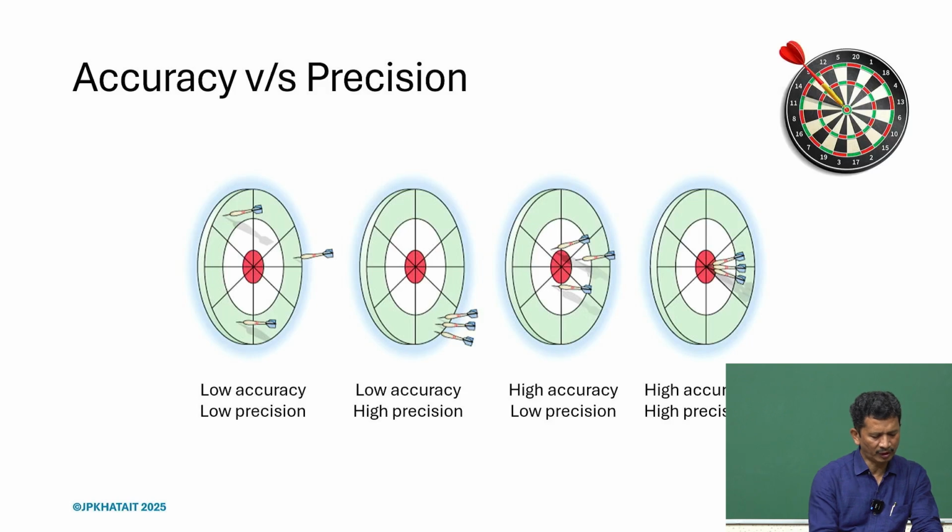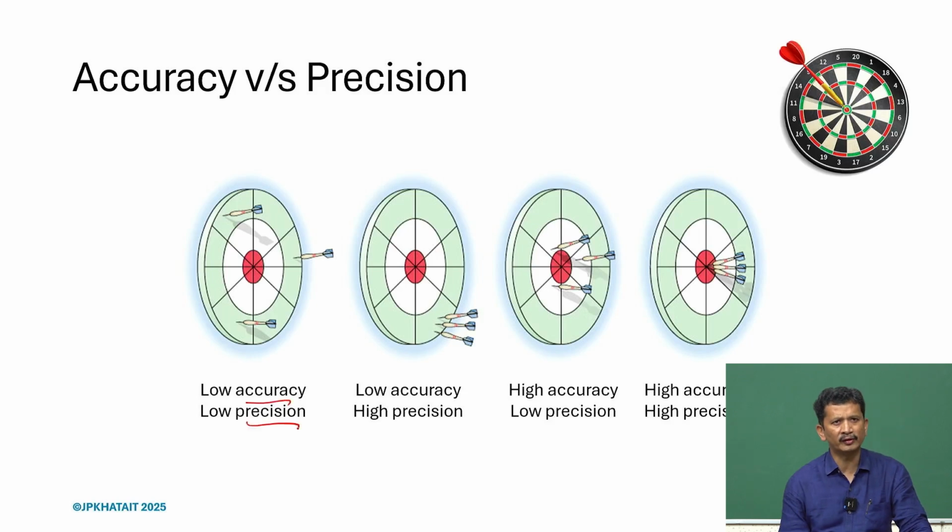So we are introducing these two terms now, accuracy and precision. In the first one, what we can say is both are low, it's everywhere, and very difficult to bring it back to the center. And with respect to sports, one needs to put in a lot of effort and practice.